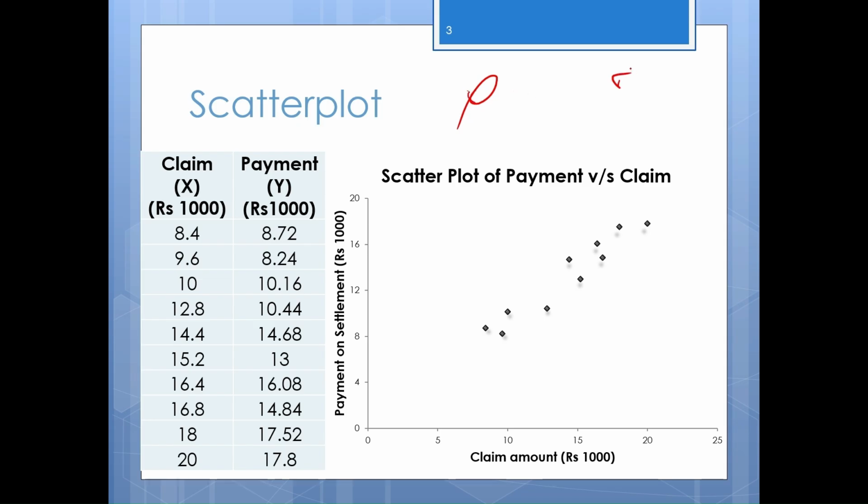So you have a correlation coefficient that you're computing using small letter r, but you have a correlation coefficient in the population. That is, let's suppose you wanted to take into account all the policyholders in that company, for example, and you were to plot all of these. Would you have got something similar to what you have in the dark points?